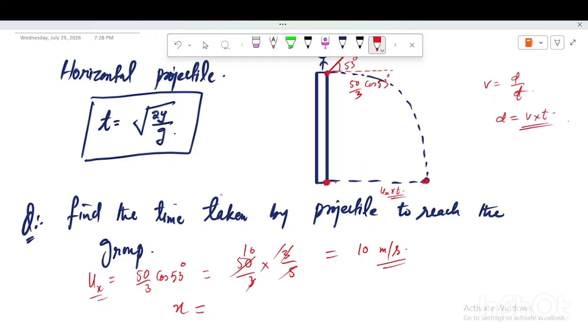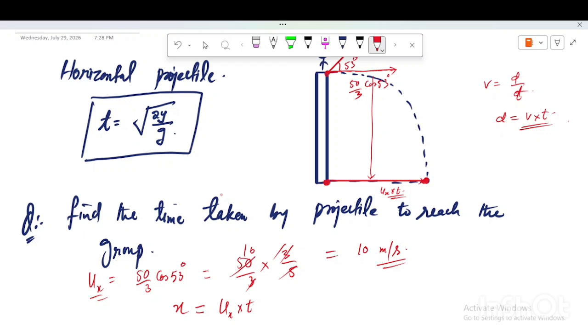The velocity along the x component is ux, so I can parallel shift this here. It will take time t to reach from here to here, so x equals ux multiplied by t, right?